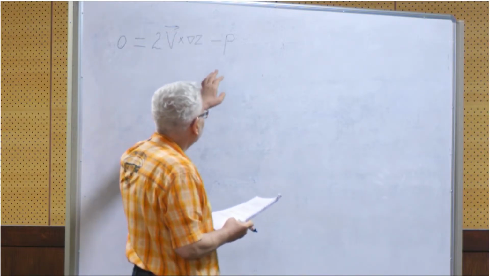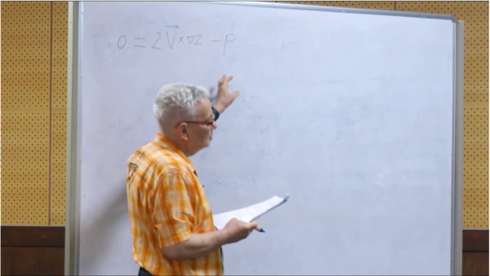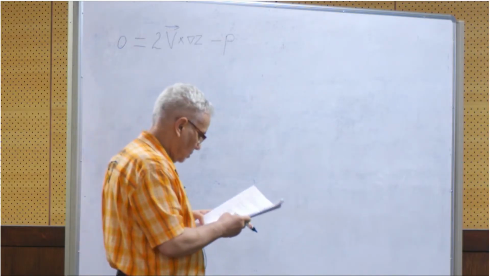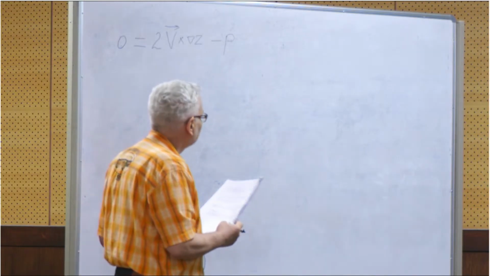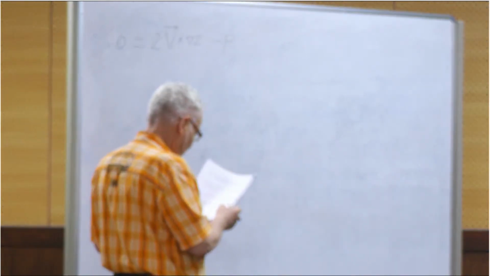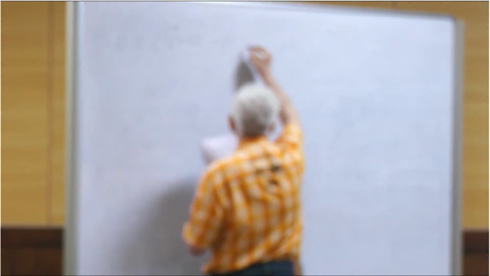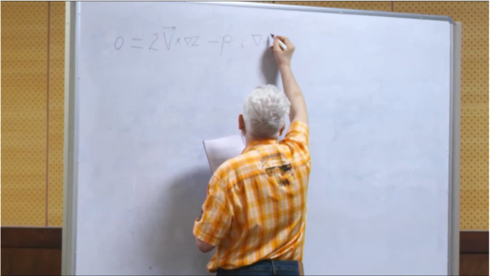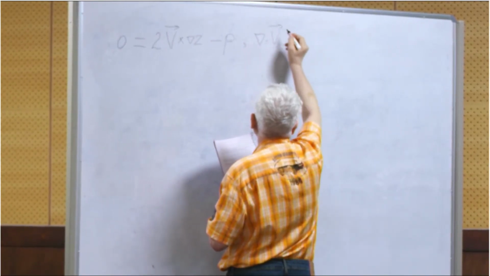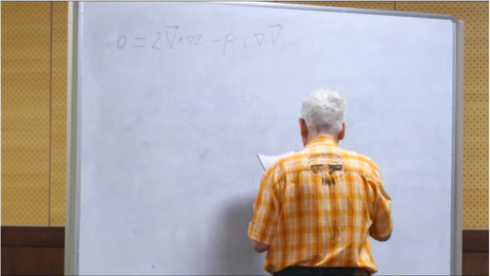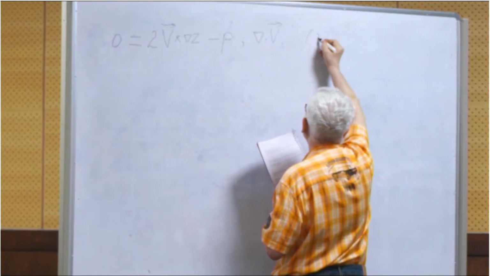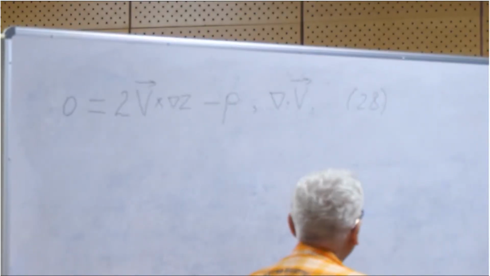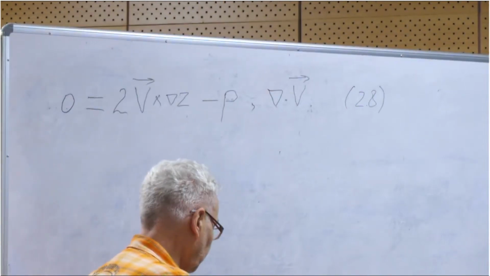While it's normalized pressure, further I will call it simply pressure, just to avoid extra wording. And of course, the divergence of V is also equal to 0. And this is formula 2.8. So this is exactly the formula for the geostrophic flow.